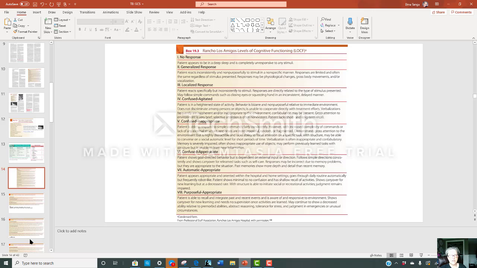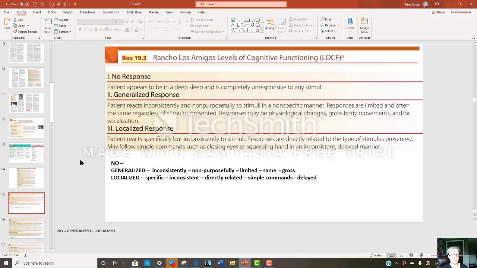You have 3 confused: confused agitated, confused inappropriate, confused appropriate. And then you have 3 appropriates: confused appropriate, automatic appropriate, purposeful appropriate. So confused appropriate can be in both of the groups, how I'm grouping them.